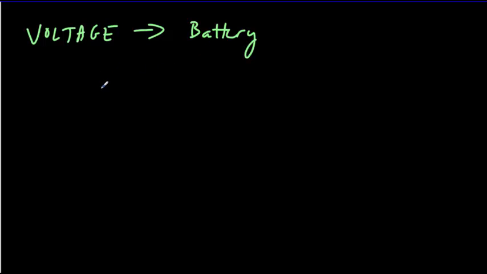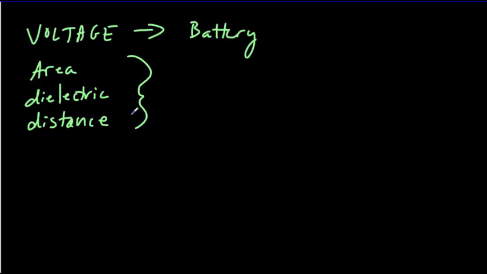So hopefully you were not misled by Cookie Monster suggesting that the correct answer had to do with the number of cookies on the plate. And you said that the voltage was the odd man out. And that's because the voltage had everything to do with the battery. Whereas the other 3 quantities, the area, the dielectric material, and the distance between the plates, they all had to do with that external configuration.